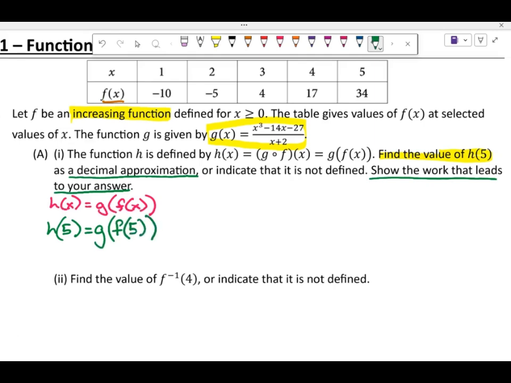What would we find first? f of 5. So where do I go to find f of 5? What is f of 5? So my next piece of work would be g of 34. Show that. All right, what do we do next?